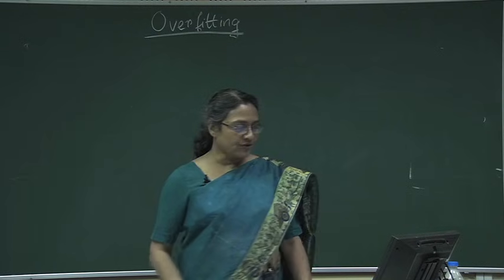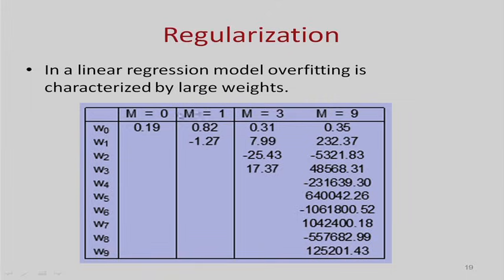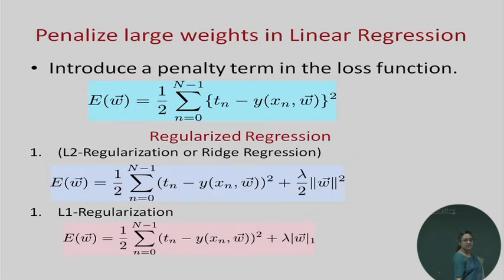If you look at this slide, it shows the values of the different coefficients for a 0th degree polynomial, a 1 degree polynomial, a 3 degree polynomial, and a 9th degree polynomial. When we fit the data with a 9th degree polynomial, we see that the coefficients are very large, and this is an indicator of overfitting.